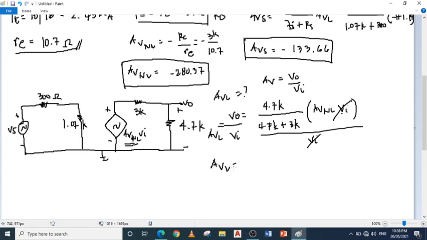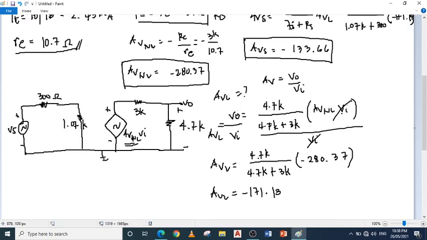So yung AVL is equal to 4.7 kilo divided by 4.7 kilo plus 3K times, anong AVNL natin? Compute doon, di ba? Negative 280.37. Now, solving the AVL using this formula, okay, ang makukuha natin na value ay negative 171.13, which is equal doon sa unang computation natin.